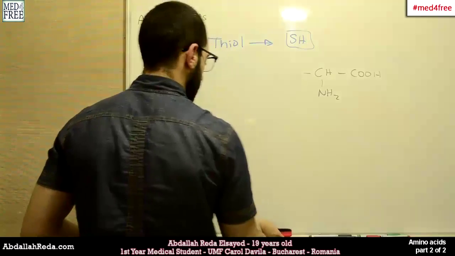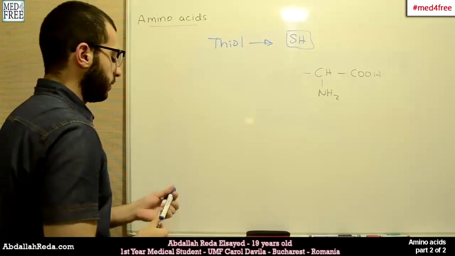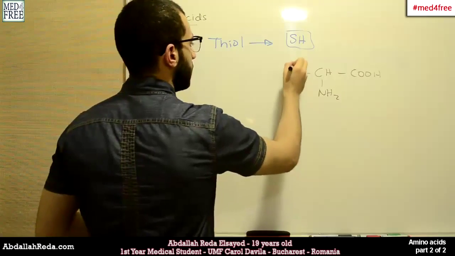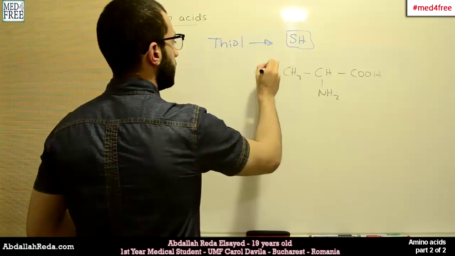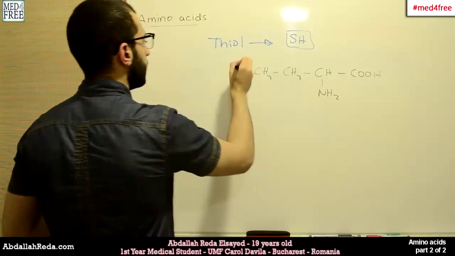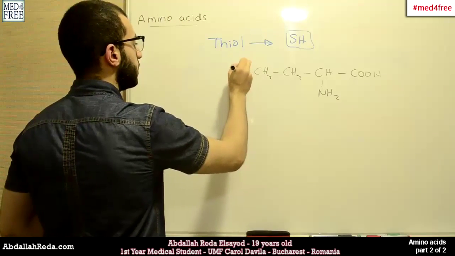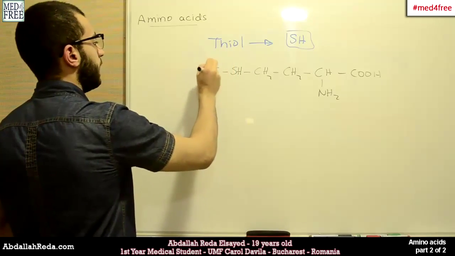The other amino acid that has a thiol group has this structure. We have CH2, CH2, and SH, and then a methyl group.